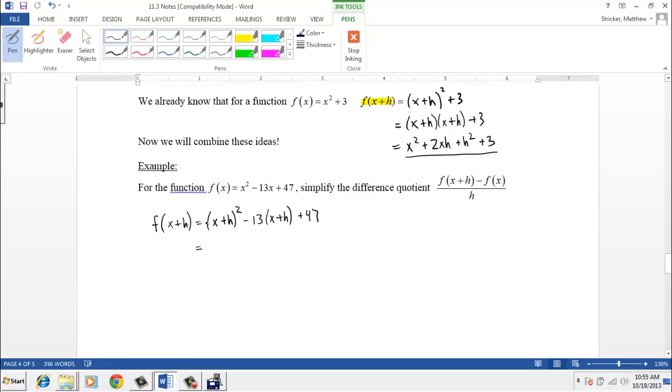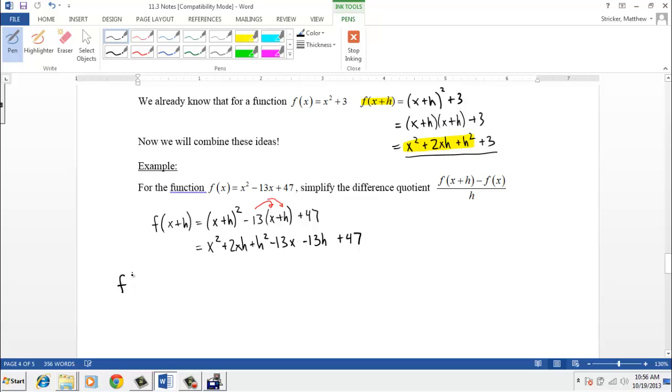And we already did the x plus h squared part up here in that short example. That part came out to x squared plus 2xh plus h squared. And then when we distribute here, make sure you distribute the negative as well. So this is a negative 13x and a negative 13h and a plus 47.